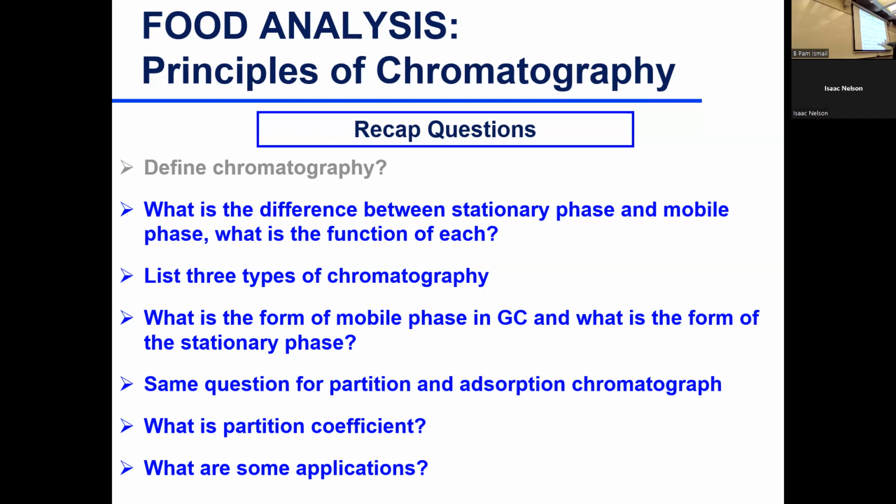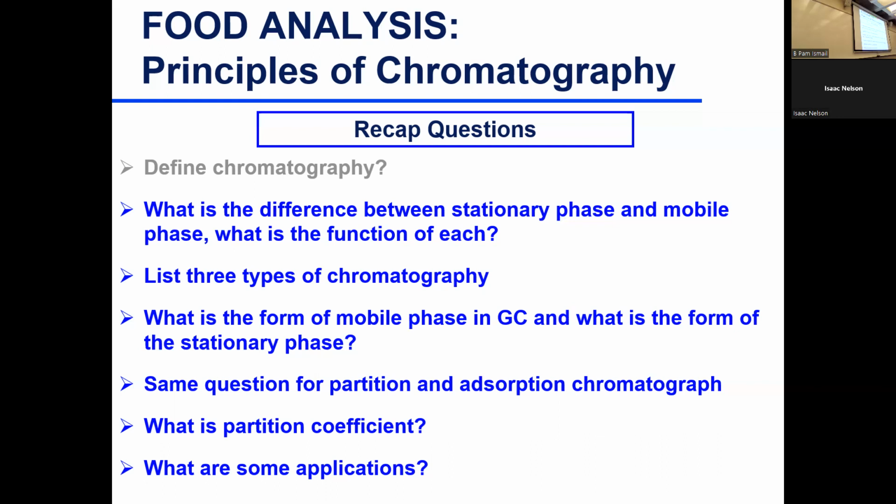Same question: what would be the stationary phase and mobile phase in partition chromatography? Liquid. So when you hear the term partition, both phases are liquid.